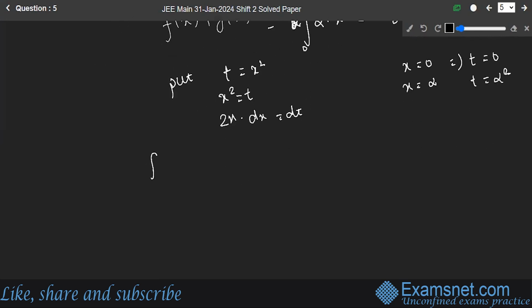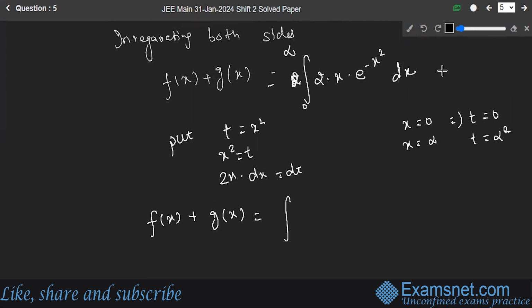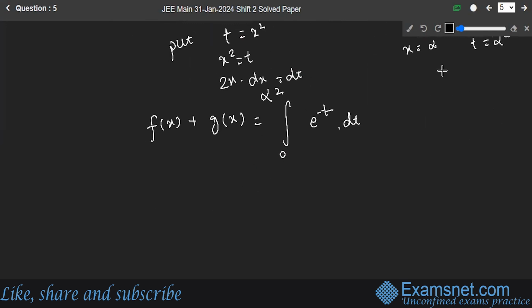So now your f of x plus g of x turns out to be this whole integral, 0 to alpha square, and inside you will have e raised to power minus t dt. Okay, now it's super easy. e raised to power minus t divided by minus 1, and the limits 0 to alpha square. So this will be given by, I'll put t back. What was your t?